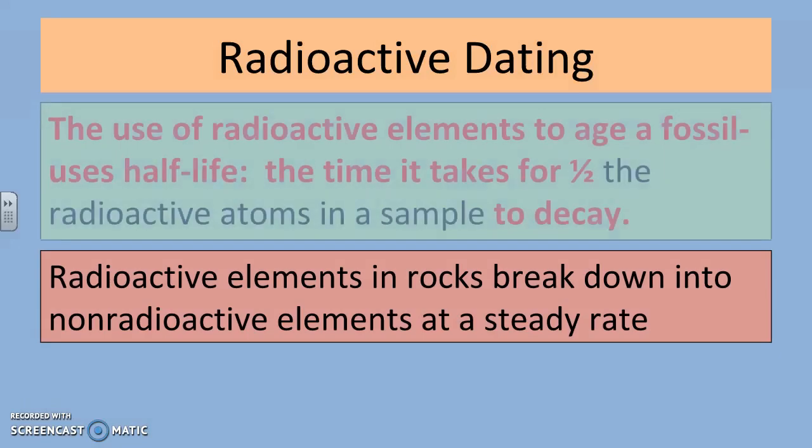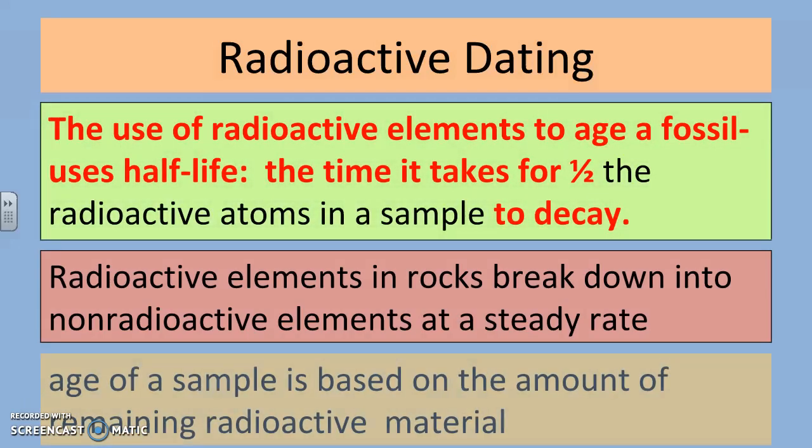Now, a much more accurate way of determining the age of a fossil is to use radioactive dating, and radioactive dating relies on radioactive elements to tell the age of a fossil. So basically, radioactive elements are found in the rock layers around the fossil. And radioactive elements break down at a constant rate.